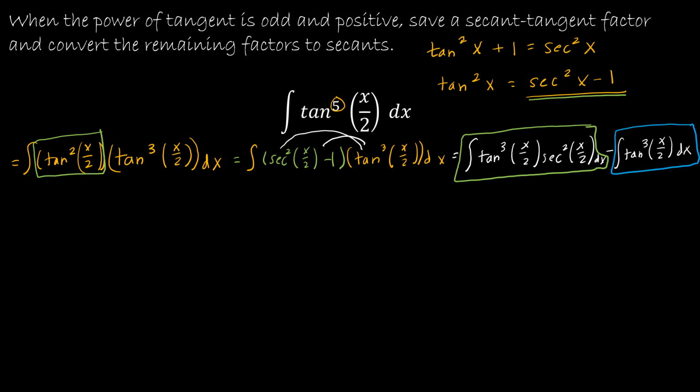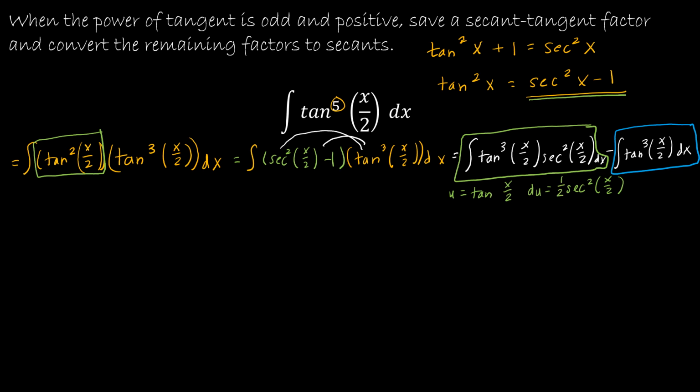So if I look at my green integral, I'm sorry if you're colorblind, the first integral is u is going to be tangent of x over 2. And if u is the tangent of x over 2, then du is secant squared of x over 2 times the derivative of x over 2, which is 1/2.